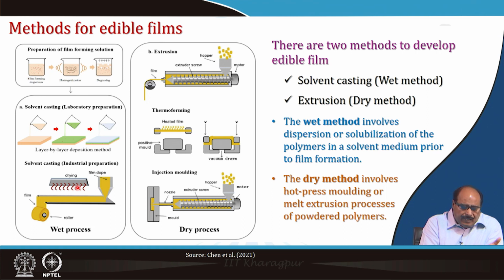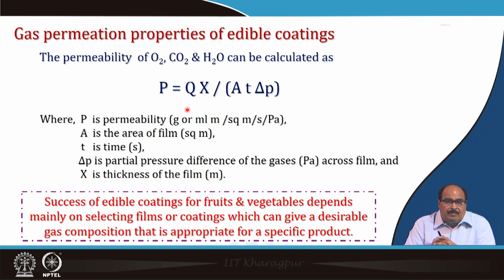So it is slowly dried and the material is rolled. That is a wet process. The dry process involves hot press molding or melt extrusion of powdered polymer. Here you can see in the figure, either thermoform films using injection molding, etc., or even simple extrusion are used for making these films.